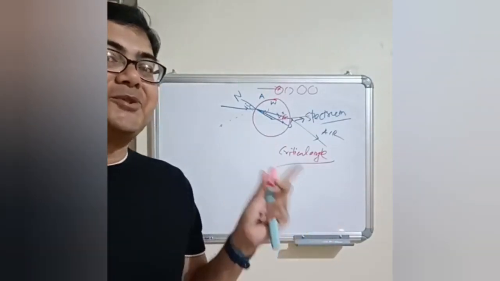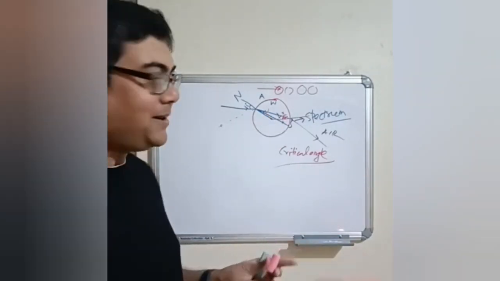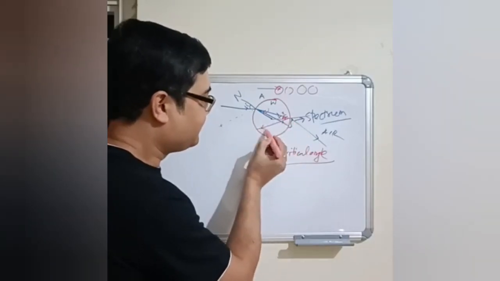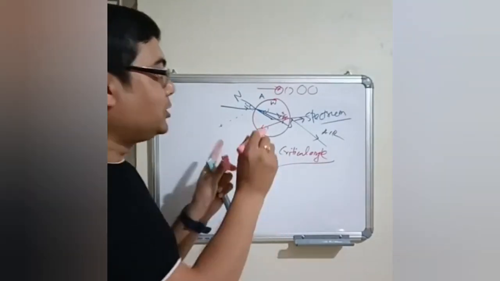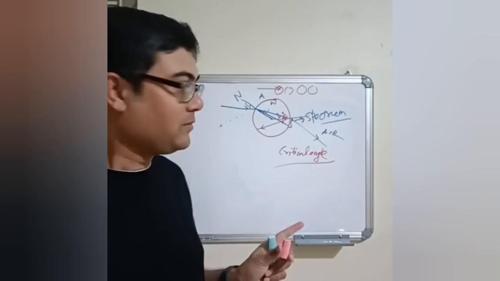Then what should happen? If it is lower than the critical angle, then partial internal reflection will take place. Clear? So total internal reflection is not happening here.